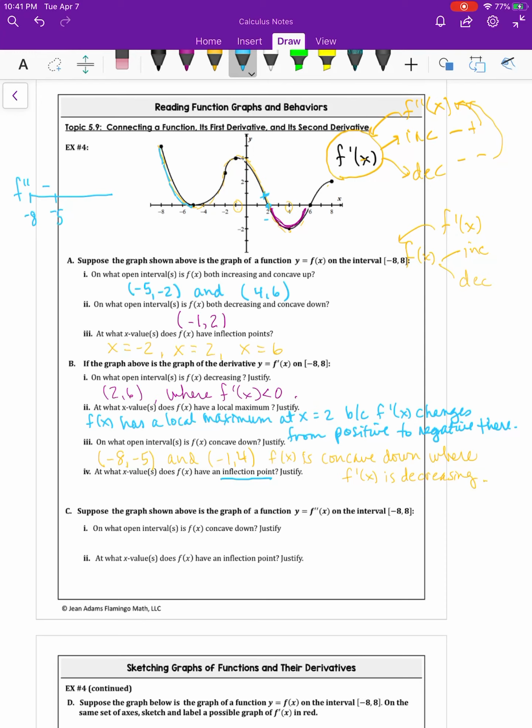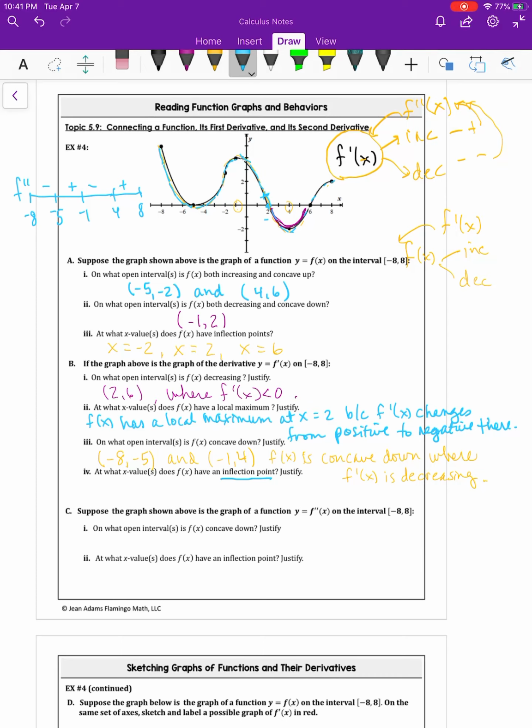It starts at -8. They're all negative to -5, right? Then positive, positive, positive, positive, positive slopes of tangent lines to -1. And then negative, negative, negative, negative, negative, negative to 4.